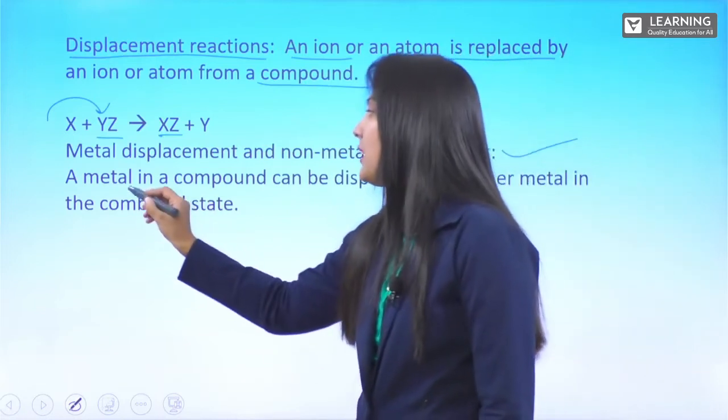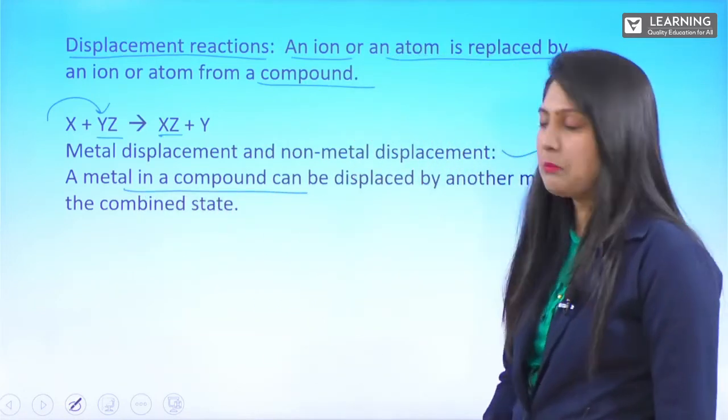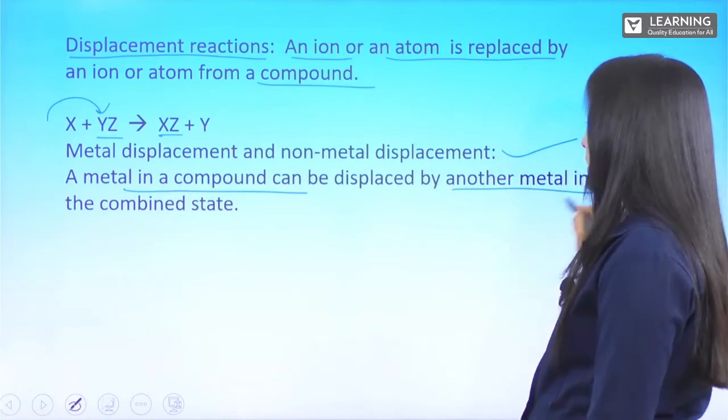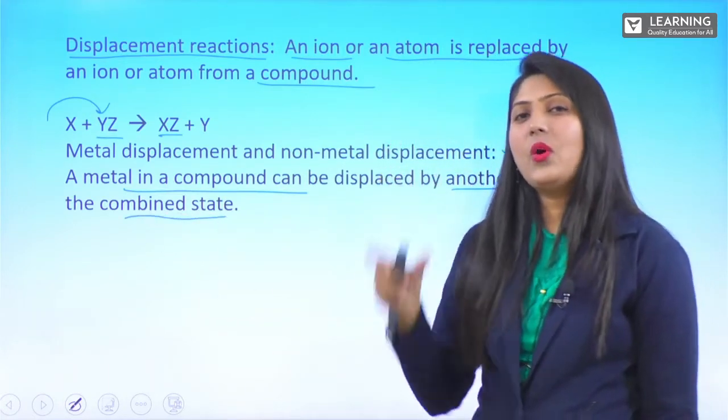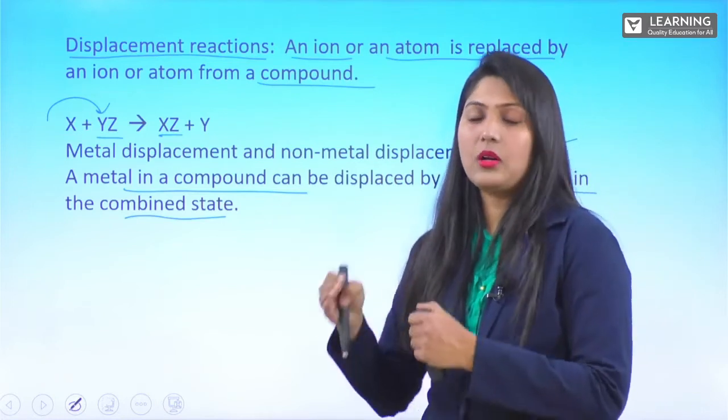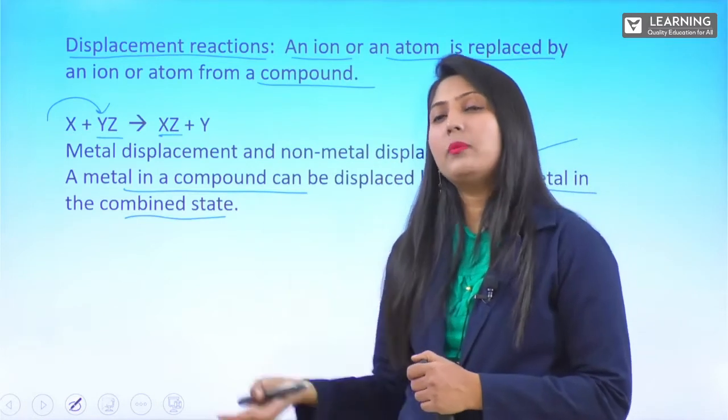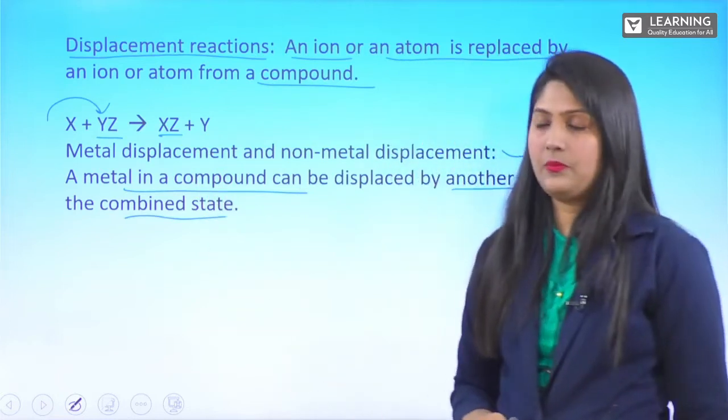A metal in a compound can be displaced by another metal in the combined state. That means if you have a combined state of a metal, it can be removed by the other metal.